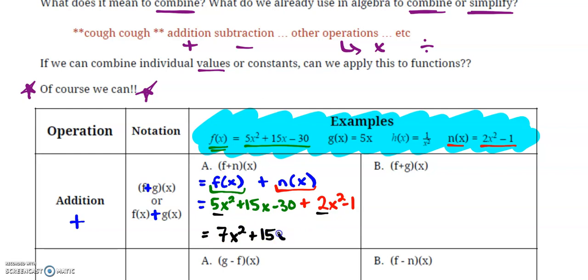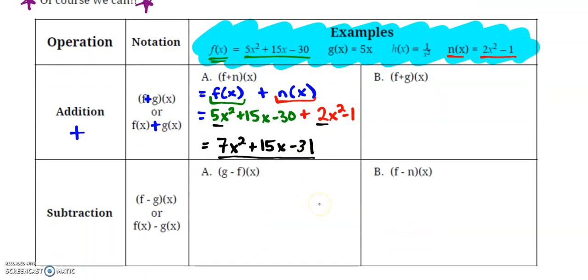There isn't anything in common with 15x, but I can subtract 1 from negative 30 and get negative 31. So what we have here is a new function, the combination of adding f and n together. If you want to try B, you can. There's going to be a full copy of all the answers and example problems on Schoology for you.